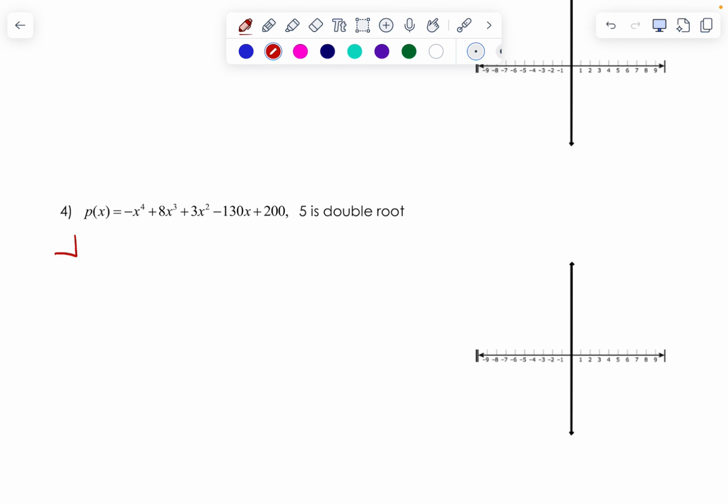Okay, it says 5 is a double root. That means it has a multiplicity of 2. What should we get when we finish dividing? Should get 0. We're told it's a root. That's another word for 0.